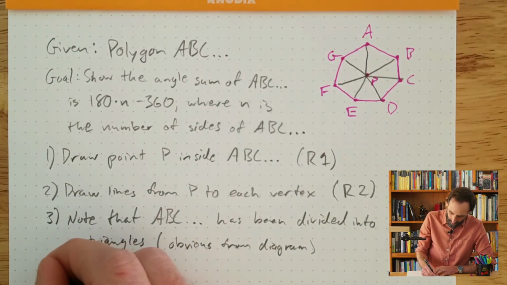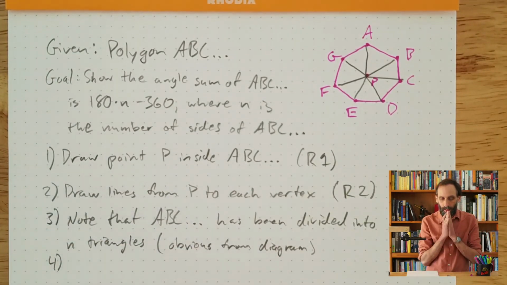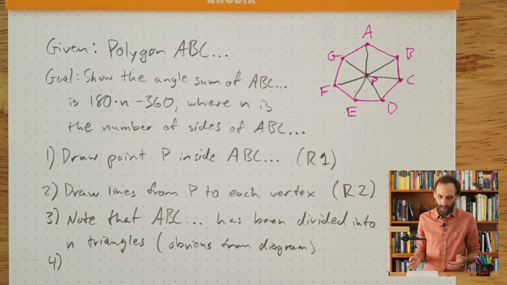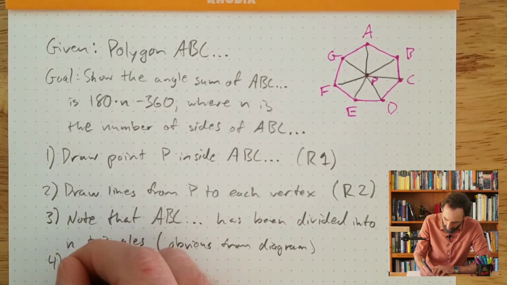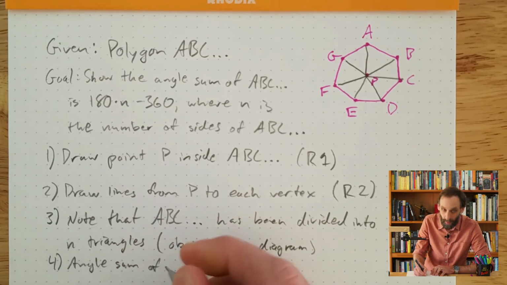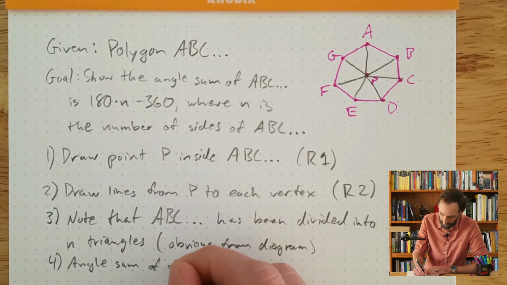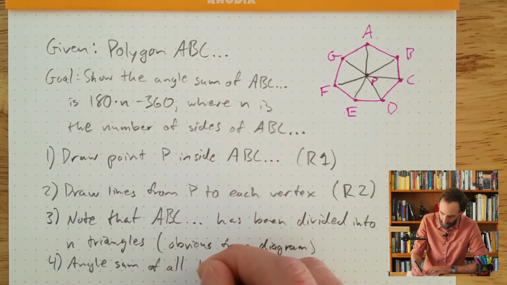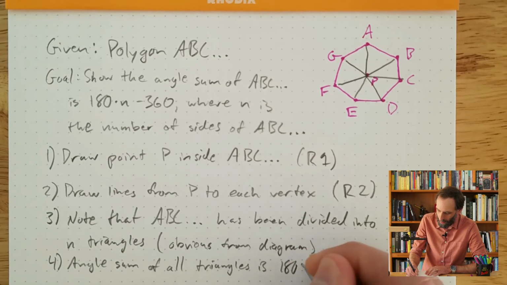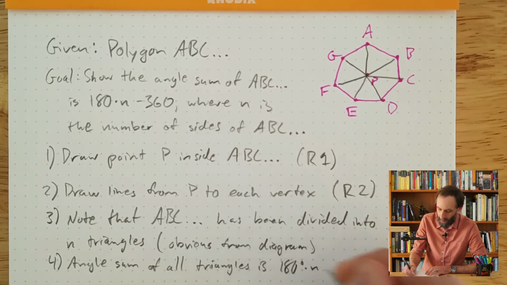Okay. All right, so step 4. Well, the angle sum of all the triangles is 180 times n, right? So the angle sum of all the triangles is 180 degrees times n.